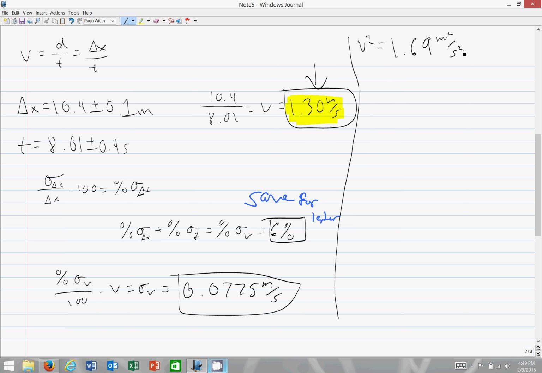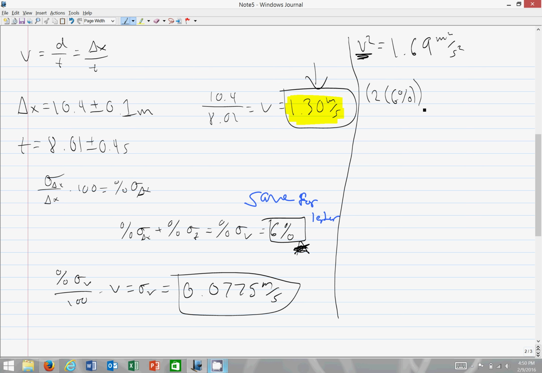But now we need to figure out the uncertainty on it. So let's take this 6% that I have marked here. Since we've done this before, I'm going to skip a few steps, but basically, since we are squaring our velocity, we need to multiply our percent uncertainty times 2. So 2 times, because of the square, my percent uncertainty, 2 times 6%.